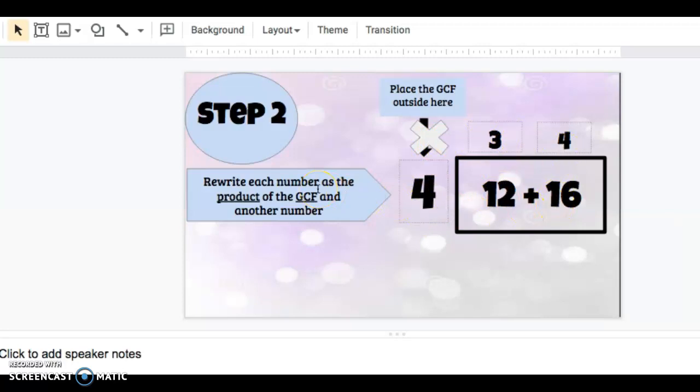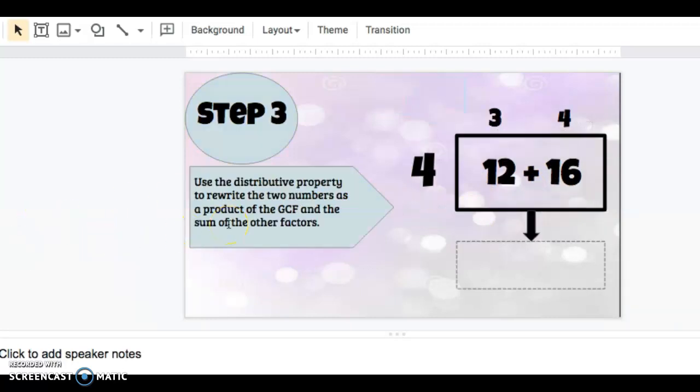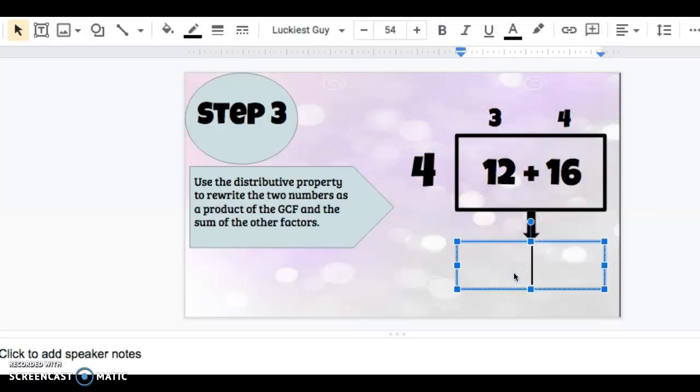And then the last step is to use the distributed property to rewrite the two numbers as a product of the GCF and the sum of the others. All that means is you're taking these two numbers that you put up on top and your GCF and putting it outside the parentheses. So you're going to put a 4, parentheses, 3 plus 4, because you have a 4 outside the parentheses.